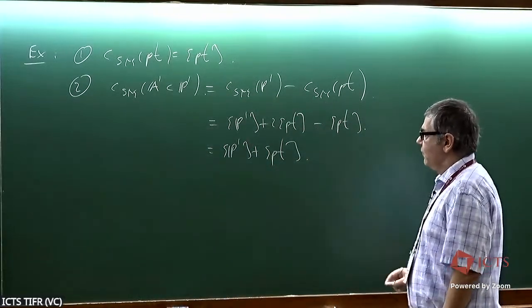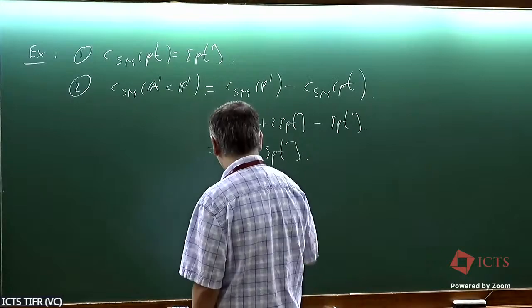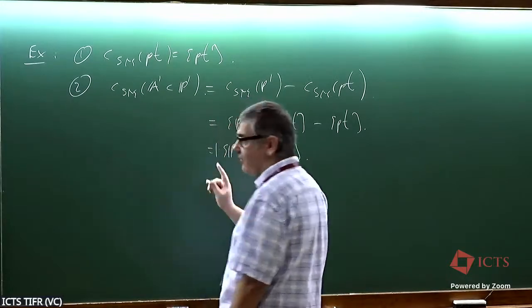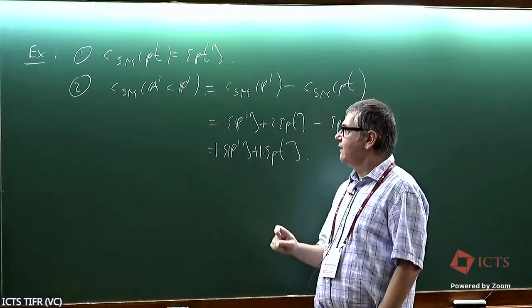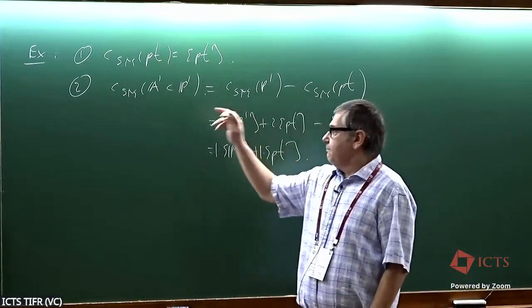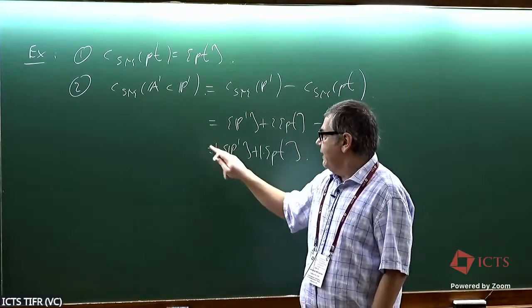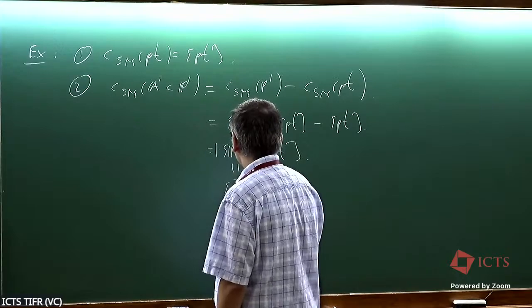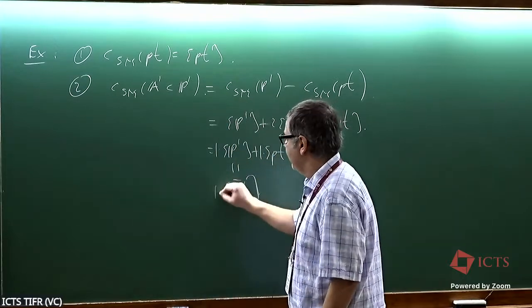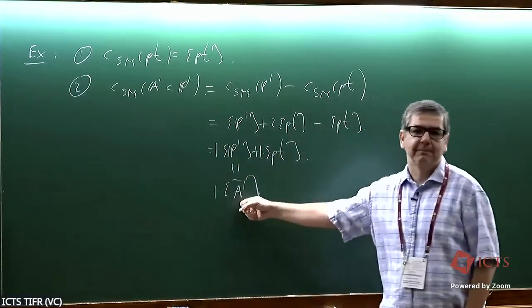Notice also there are two ones here. There is one, and then there is the second one, but they play different roles. The first one is telling you that I'm really taking this P1 as the closure of A1 inside the ambient variety, and that class comes with multiplicity 1.